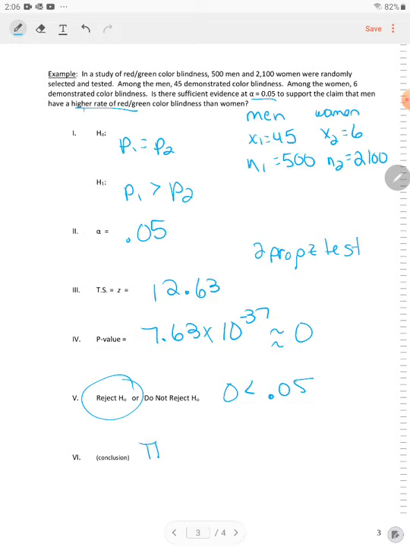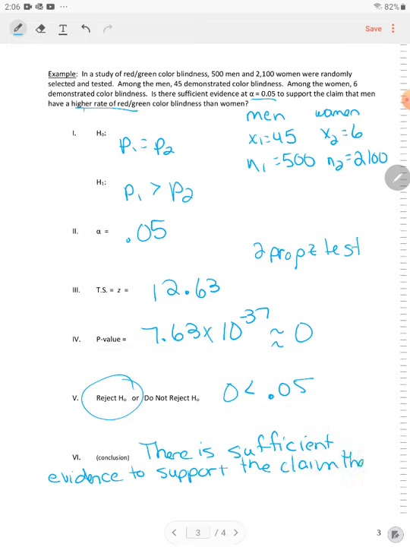Reject H0 means there is sufficient evidence to support the claim that men have a higher rate of red-green color blindness than women.